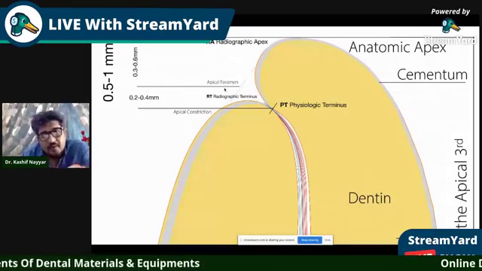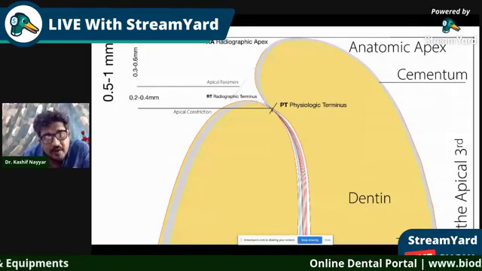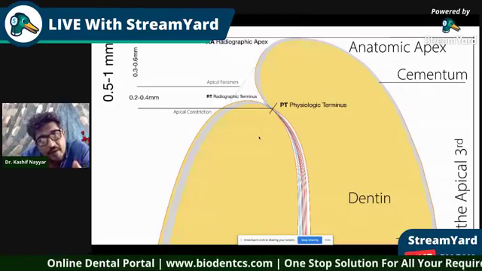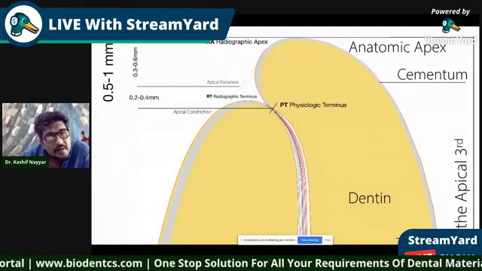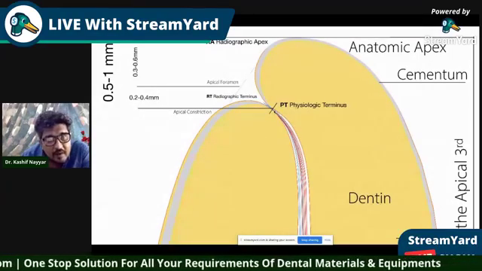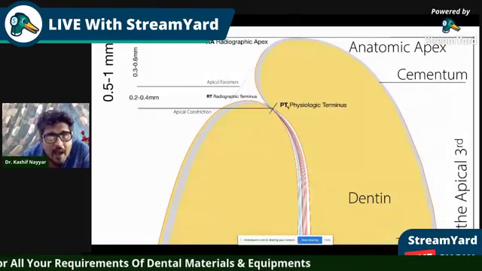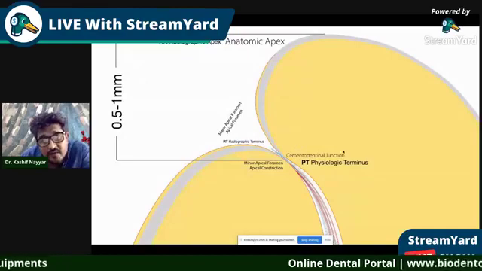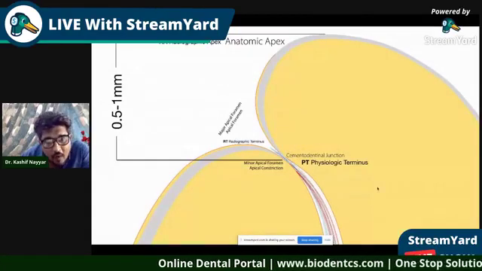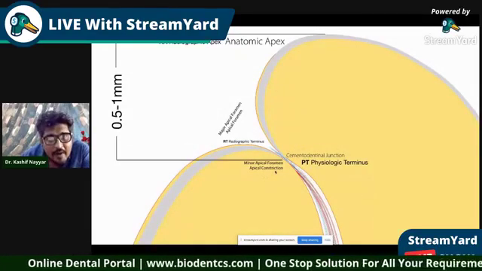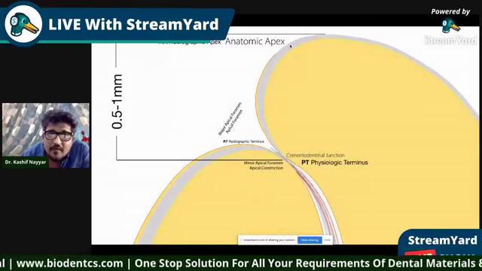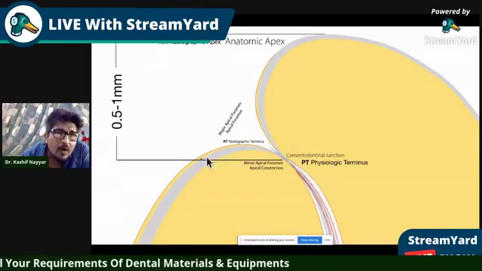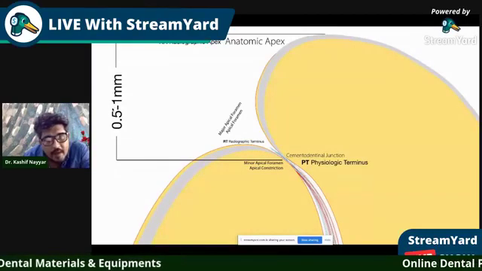Our objective is to terminate our endodontic preparation and our filling at the physiologic terminus, and this is the place over here. And this is the apical constriction, and we call it the cemento-dentinal junction or the minor apical foramen. And this distance from the radiographic apex to the physiologic terminus is almost between 0.5 to 1 millimeter.